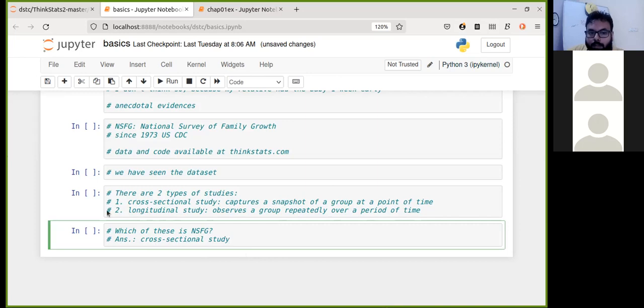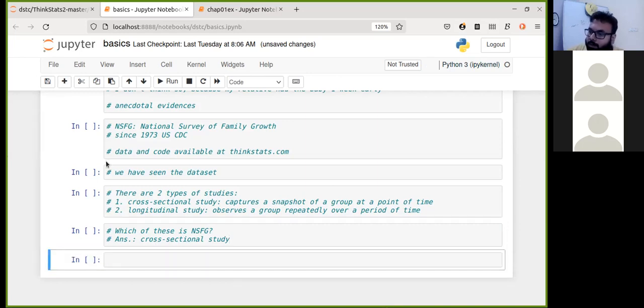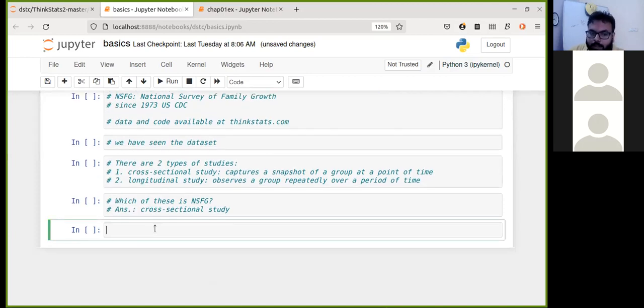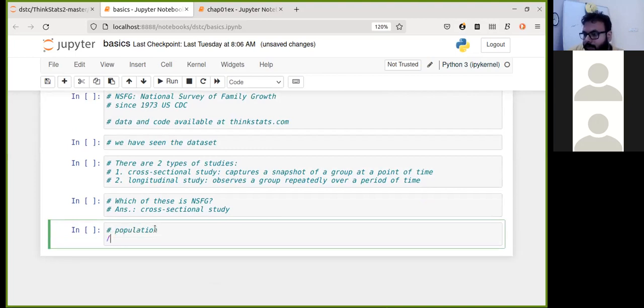Okay, now we will try to understand certain terms which are used. First one is the population. It is the whole overall population, all the data points in the universe. But we cannot gather data about the whole population.